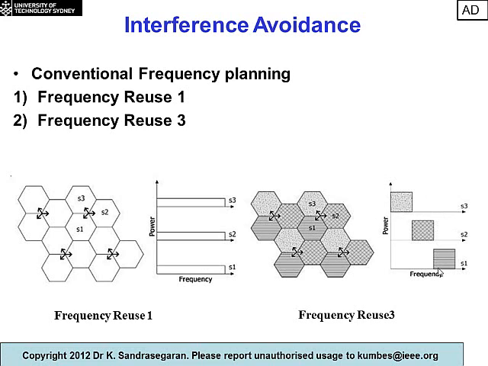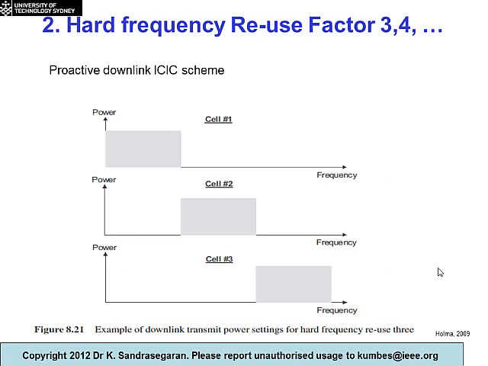It's a good interference avoidance scheme, but what is the negative thing about it? Sorry? Less bandwidth, which means, okay, you're reducing capacity because you're dividing the bandwidth into each cell. So what are the other possibilities? So this was the frequency reuse 3.